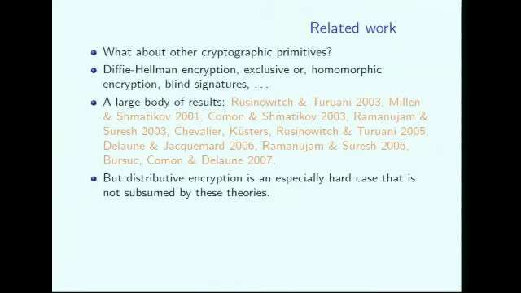Before I move on to how we do this, what about other cryptographic primitives? I am talking about a very specific one here, namely blind signatures. As I said, exclusive OR is much studied, as are Diffie-Hellman, homomorphic encryption, and blind signatures. Many of these you can abstract into a model like this and reason about, and we have contributed to this in a couple of papers as well. There is a large body of results, but I must say that for many of these, the story is nothing nice to talk about.